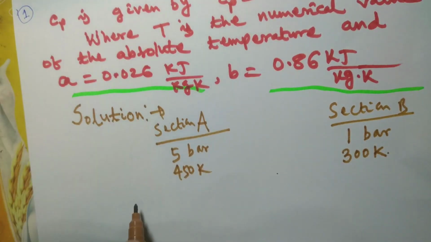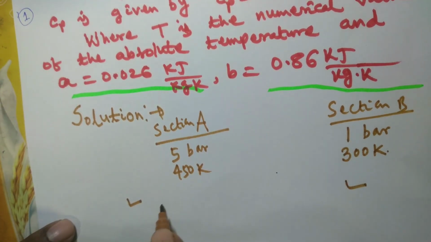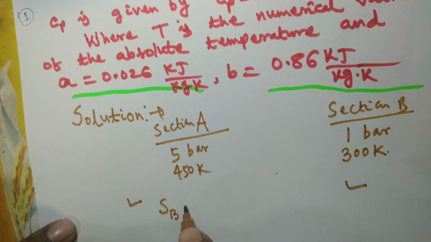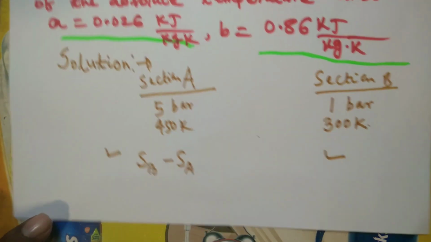Supposing that A is the inlet and B is the outlet, in the process we will calculate S_B minus S_A, that is change in entropy of the system.